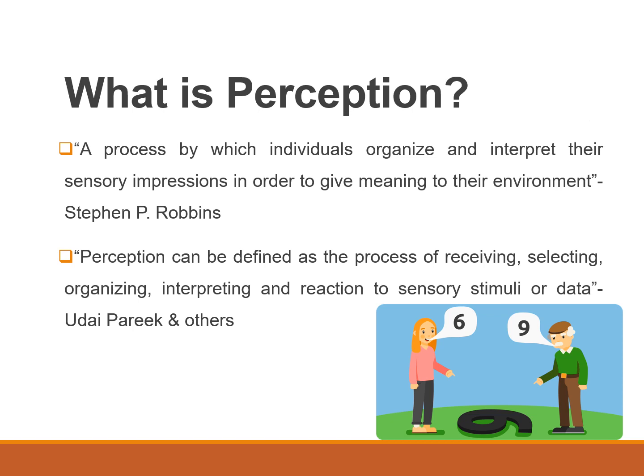And also it is a process of receiving, selecting, organizing, interpreting and reacting to sensory stimuli, that means the information gained from the environment. So simply we can say perception is like beauty that lies in the eyes of the observer.